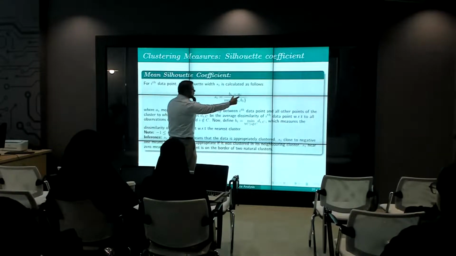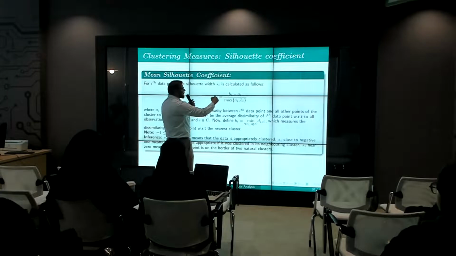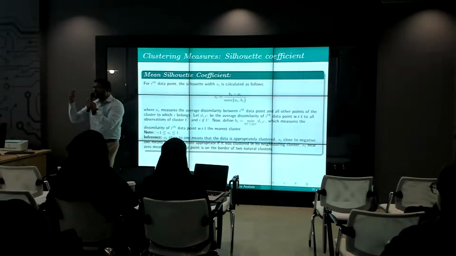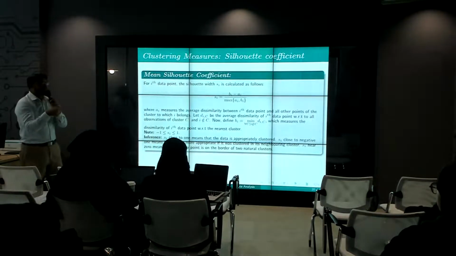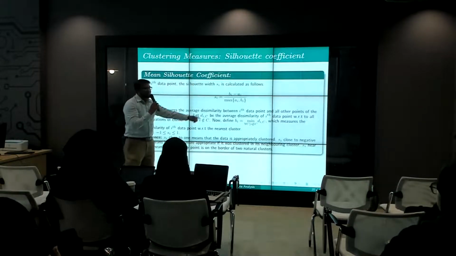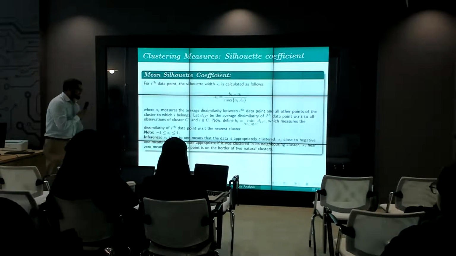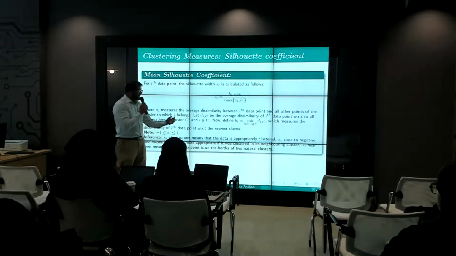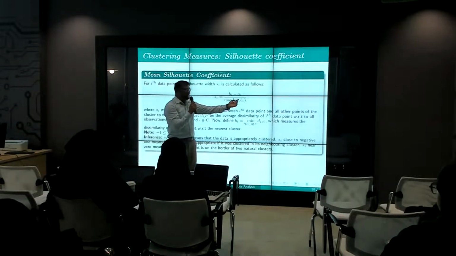Once you have these two, then for each point you calculate what we call the Silhouette measure, s_i. And given this measure for each point, the average of these will be the mean Silhouette coefficient, or the Silhouette index. This measure is always between -1 and 1 because of the way it is being framed.